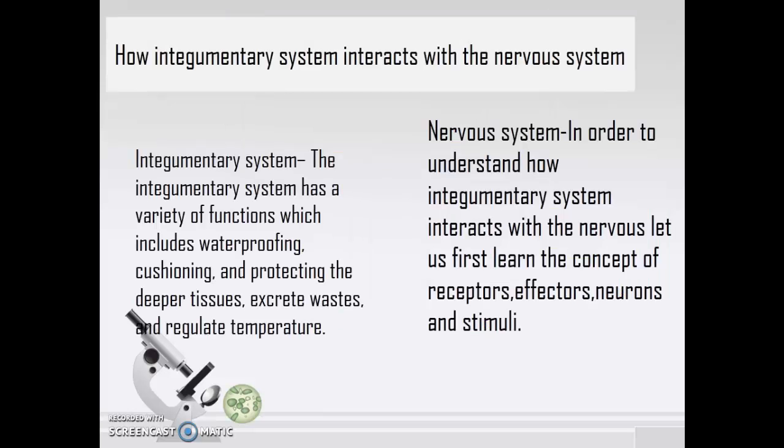If we see the function of the integumentary system in the human body, it's basically made up of skin, right? It has a variety of functions, which include waterproofing, cushioning, protecting the deeper tissues, excreting waste, and regulating temperature.